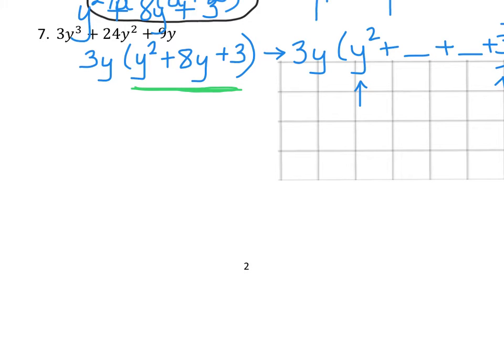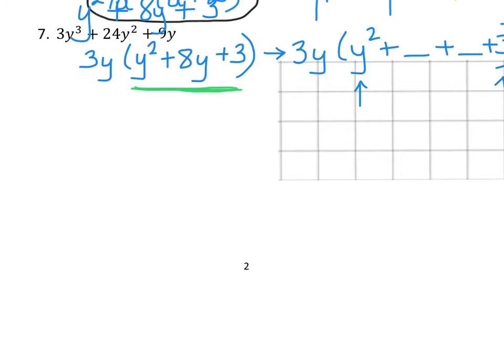And the way this factoring method works is whatever goes in this box and this box has to be 2 factors of the product of the first and the last terms. So whatever goes in those 2 boxes has got to be factors of 3y squared.